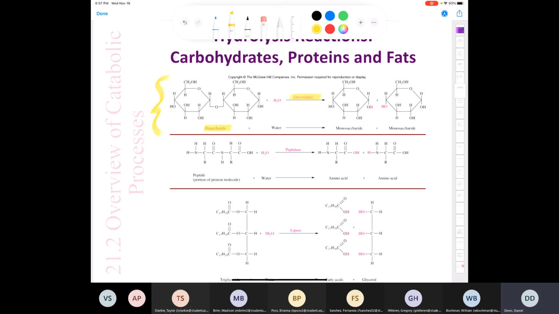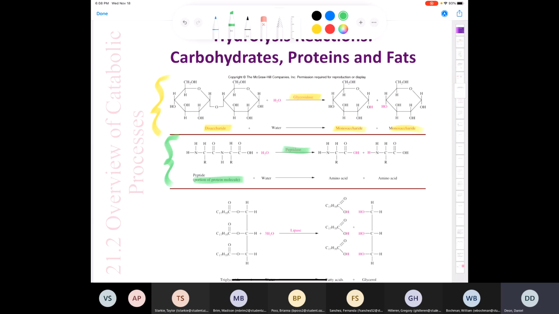Glyco, sugar, glycosidase, it's going to be some kind of enzyme that acts upon the sugar, so we break that down into monosaccharides. What else? If we have a peptide, now this is just a dipeptide here, but it's a portion of a protein molecule. We can hydrolyze that using a peptidase. We convert that down into amino acids.